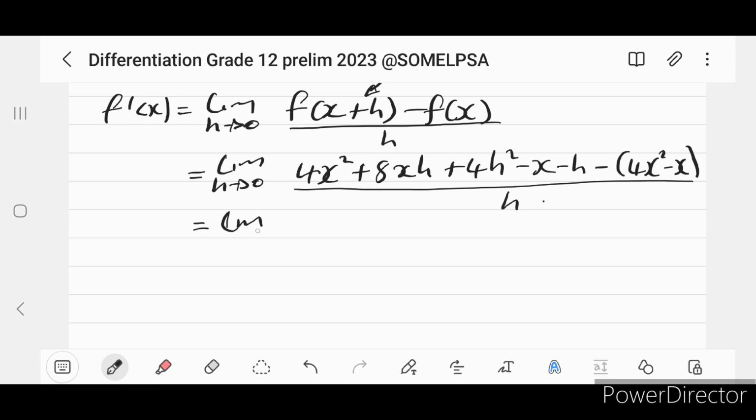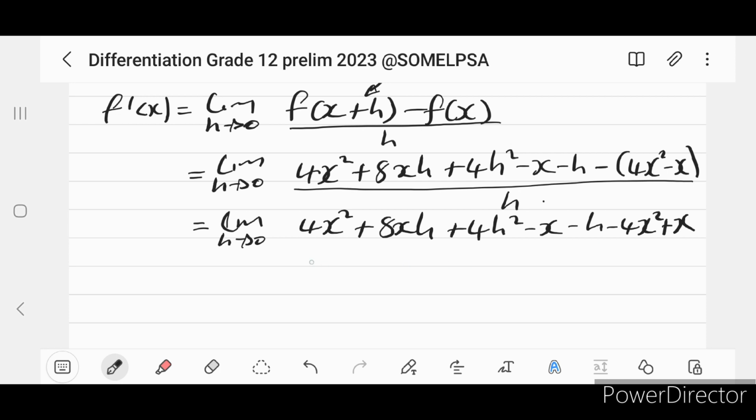Then I go down: limit as h approaches 0 of 4x squared plus 8xh plus 4h squared minus x minus h minus 4x squared plus x, over h. Therefore, like terms cancel: this cancels this, and this cancels this.